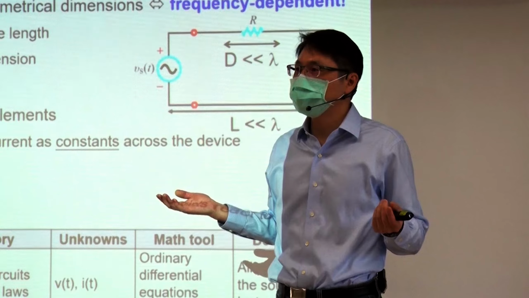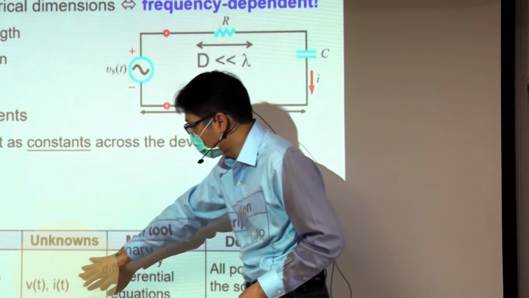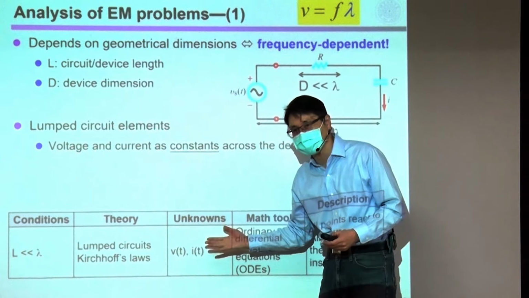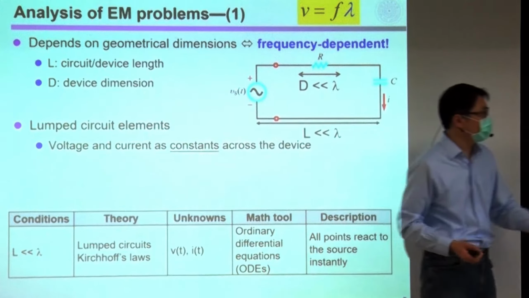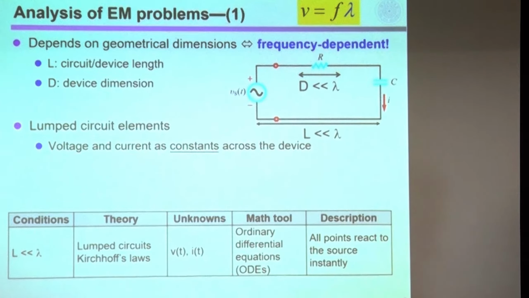Otherwise, you don't know how to analyze it, okay? So you only have to analyze V as a function of time, I as a function of time, but you don't have to worry about the spatial dependence, okay?